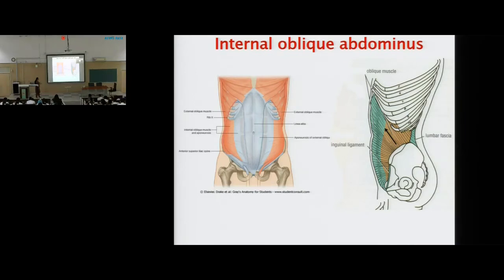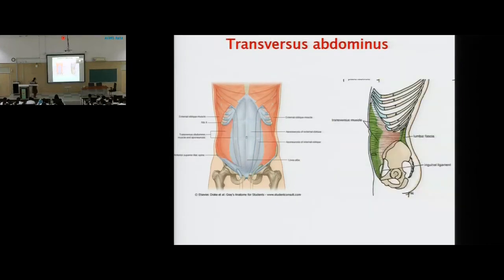So again, these fibers are going to be directed upwards and backwards, and insert onto the xiphoid process, linea alba, and the pubic symphysis. And again we know that at the level of the linea semilunaris, these fibers become aponeurotic. Fleshy fibers will remain only on the lateral side. Clear?